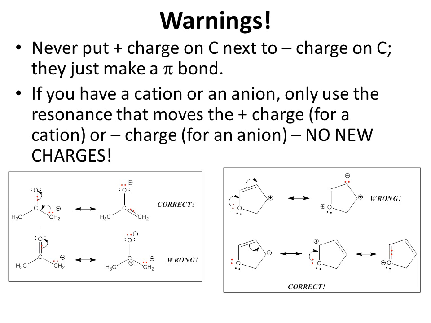You'll also have additional charges, an additional plus charge on the O and minus charge on the C. So the only correct way to draw resonance for this cation is to do empty orbital pi resonance, pulling the electrons from the pi bond toward the cation, moving the plus charge next to the oxygen, which then resonates to the oxygen via the lone pair on the oxygen going toward the plus charge. So there is no way that you can generate additional plus and minus charges when there's already a charge. You never want to put a plus charge on a carbon next to a minus charge on a carbon.